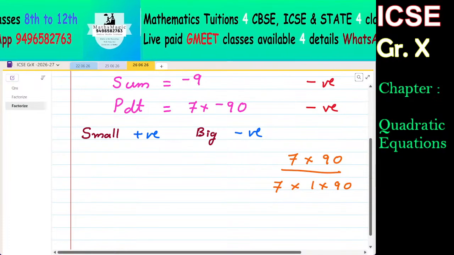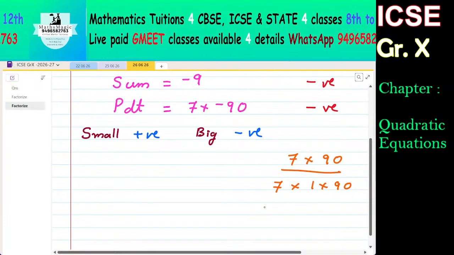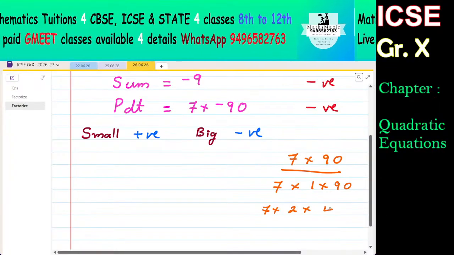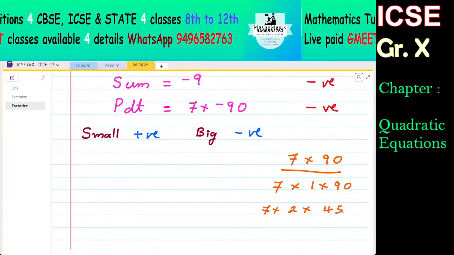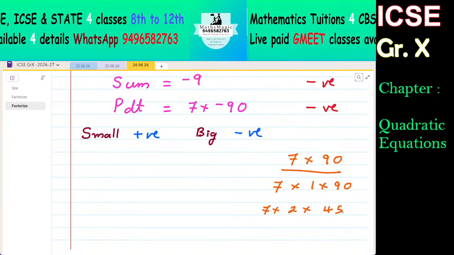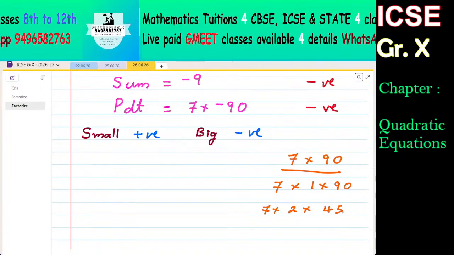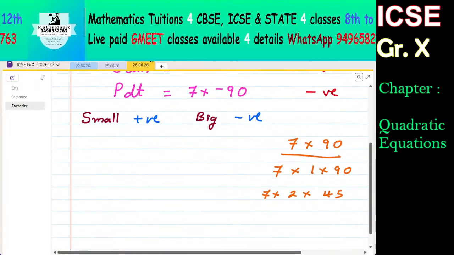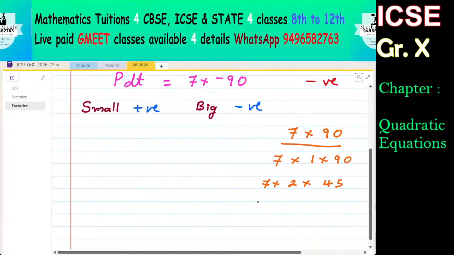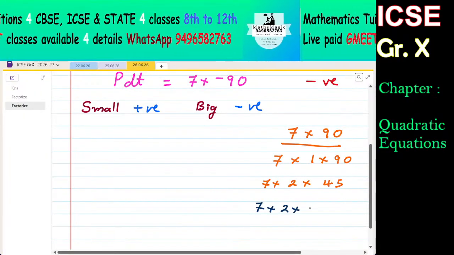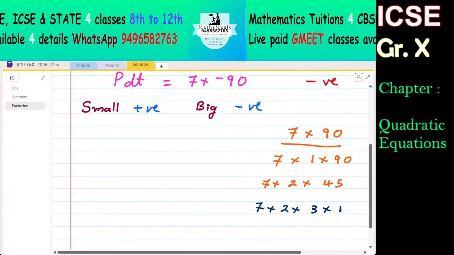And now 7 to 45, 14, 45. Now 7, 2, 3, 15.